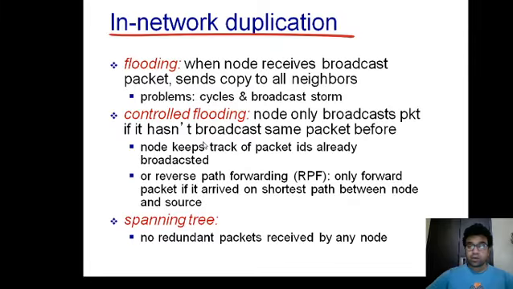So it's a way to stop a broadcast storm, but not a foolproof or perfect broadcast technique. The fourth is reverse path forwarding: only forward a packet if it arrived on the shortest path between the node and the source.